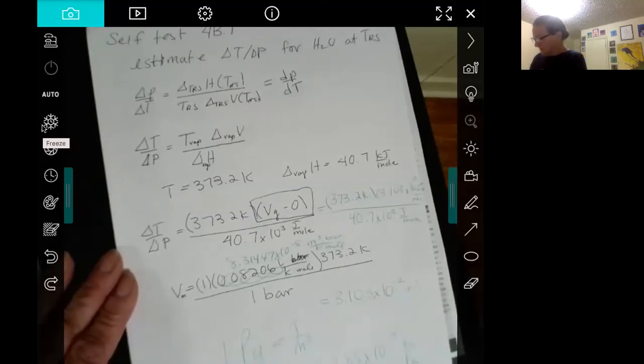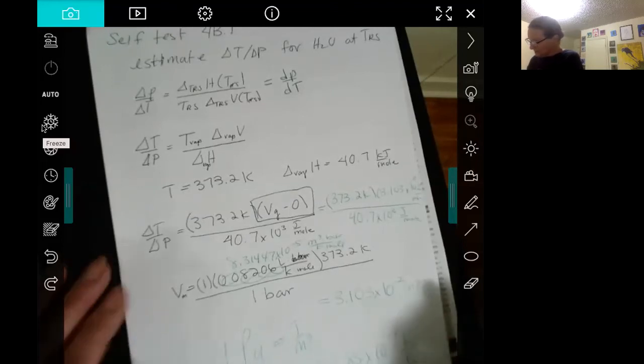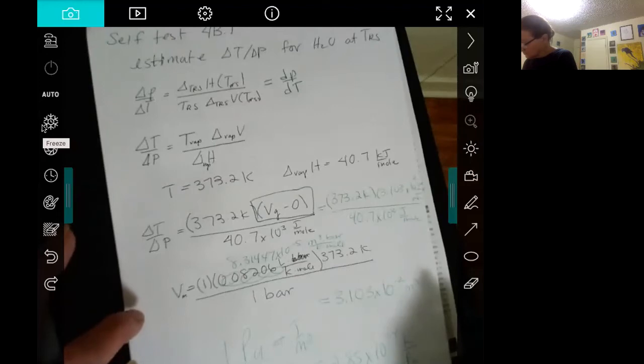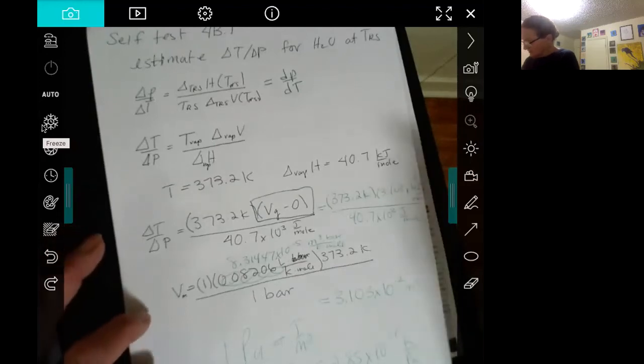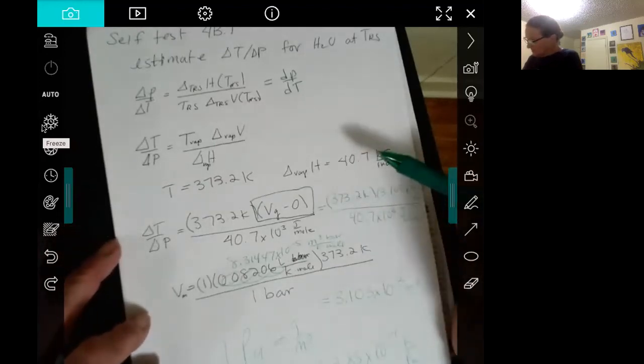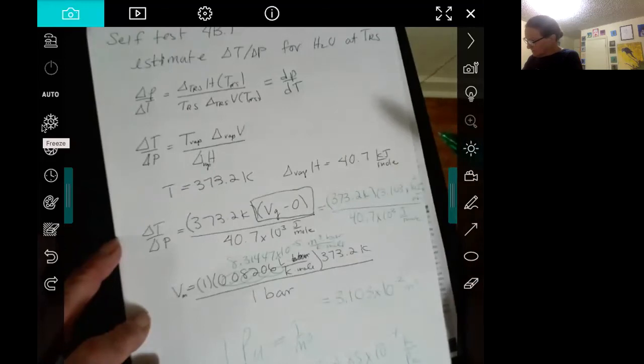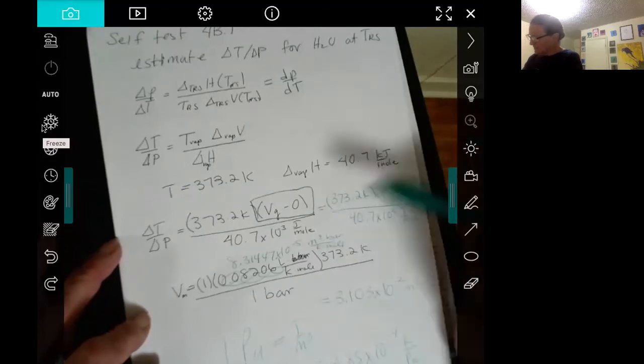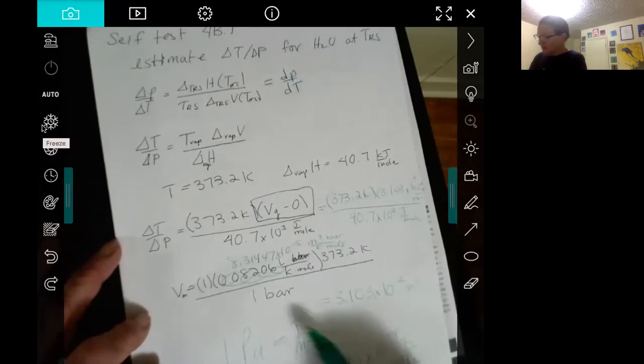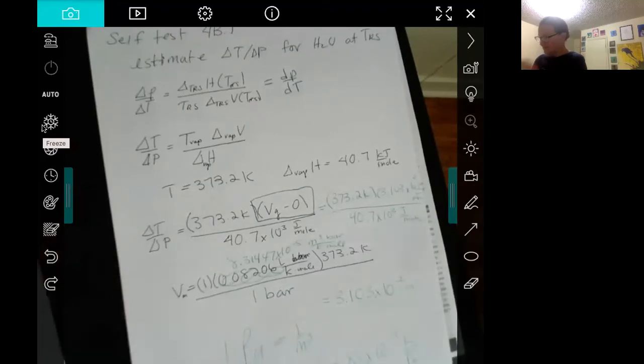When I plug that into this, I end up with meters cubed over joules. And so that gives me the units for my delta T over delta P in Kelvin over Pascal.